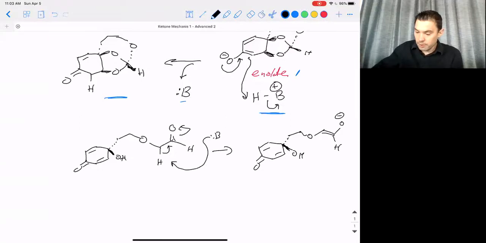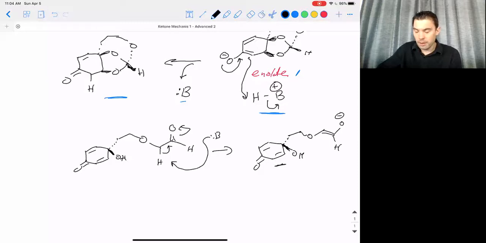And of course, this enolate, just like the enolate up above, is a nucleophile and a base as well. And so in principle, it could attack another molecule of starting material. It could attack in a conjugate manner into the alpha beta unsaturated ketone, and that would be a Michael addition. And it could do a number of other things.